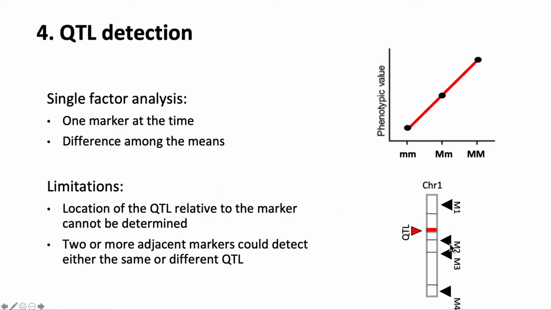Here, for example, you can see that we have 4 molecular markers and one QTL. Maybe we can detect that marker number 2 is associated with this QTL, but we have no idea where the QTL is. That is the only thing we can identify with a single factor analysis. We cannot identify if that QTL is upstream or downstream. So that is a limitation.